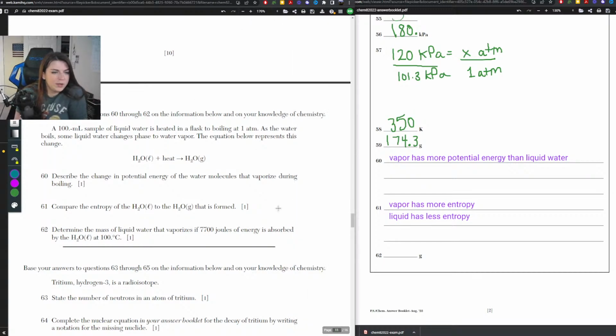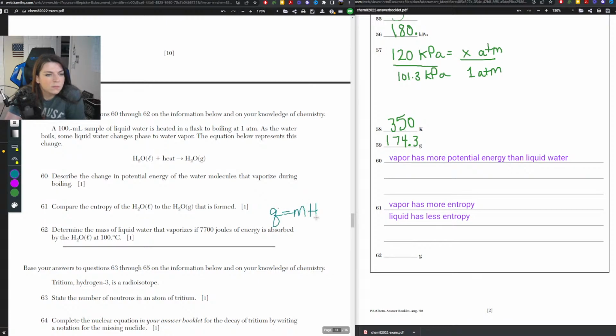Okay, 62. We have some math. Determine the mass of liquid water that vaporizes if 7,700 joules of energy is absorbed by H2O at 100 Celsius. This is going to be Q equals mHV.